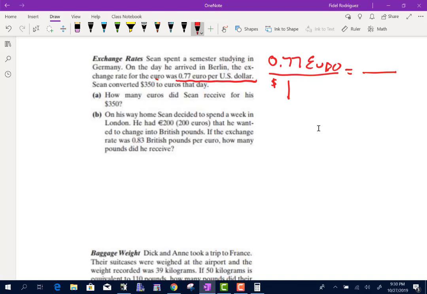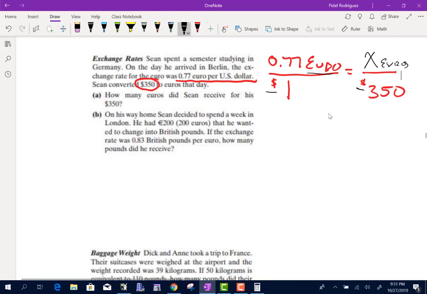And we know that Sean had $350 that day. We're trying to figure out how many euros he got. So I want you to notice here, the way I'm doing my comparison is dollars to dollars on the bottom, euros to euros on the top.